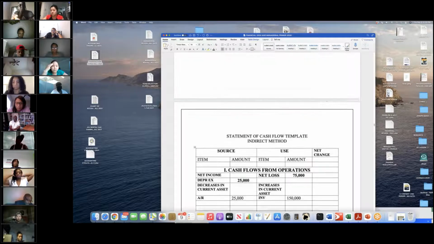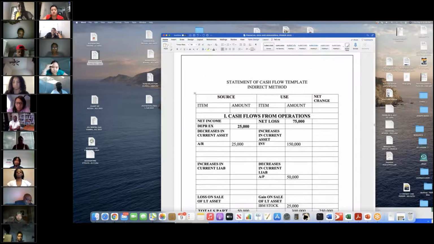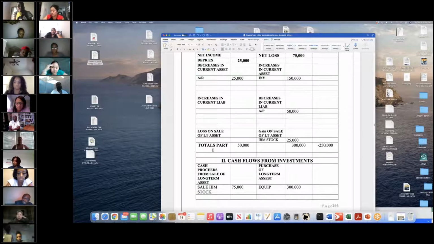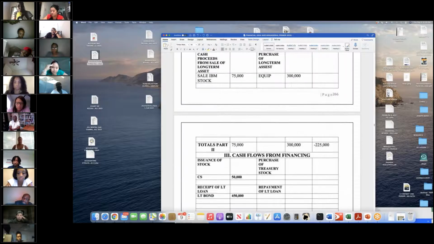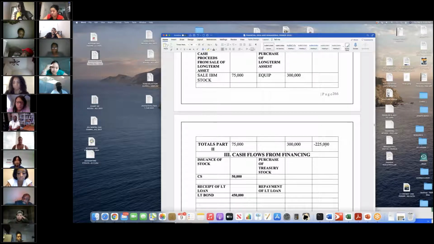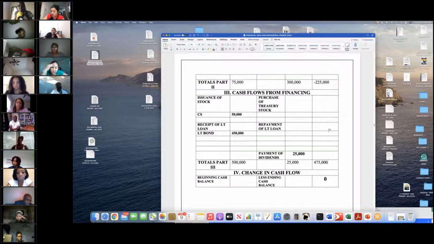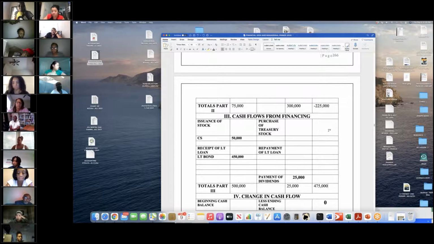You aren't making any calculation. The company has it in there. You're telling me the total in operations. This is one number. The total in investing, then the total in financing, and then the change in cash. These are the four numbers. You don't need to see the detail.